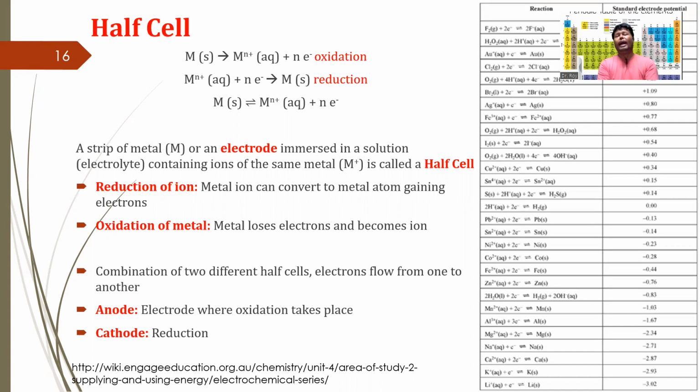So if we pass electricity through a cell and the ions dissociate or the reaction proceeds, that is known as an electrolytic cell. Normally when we use our mobile phone, we are using the battery.